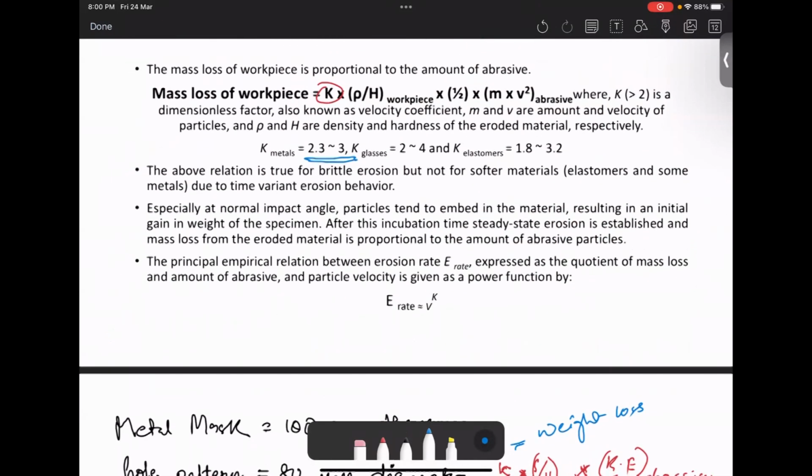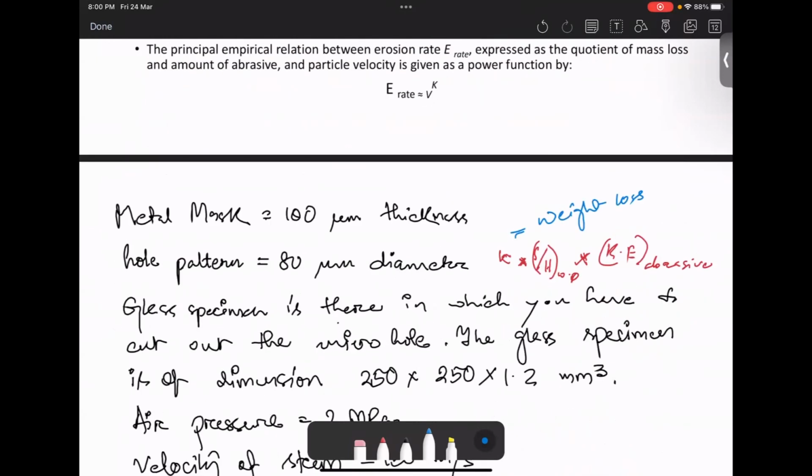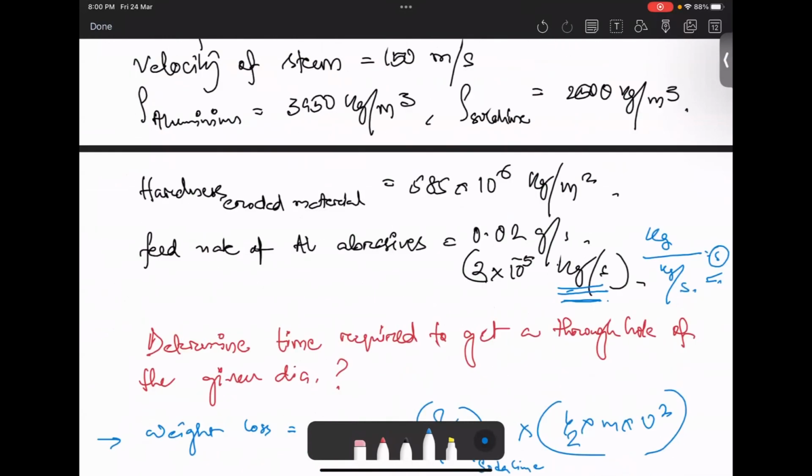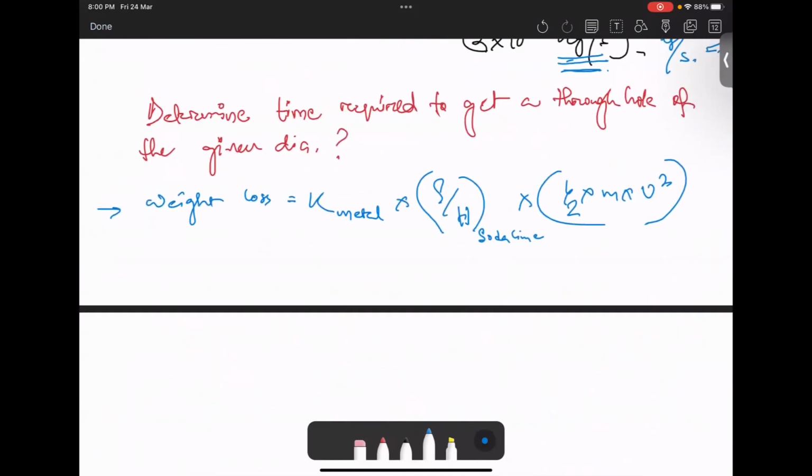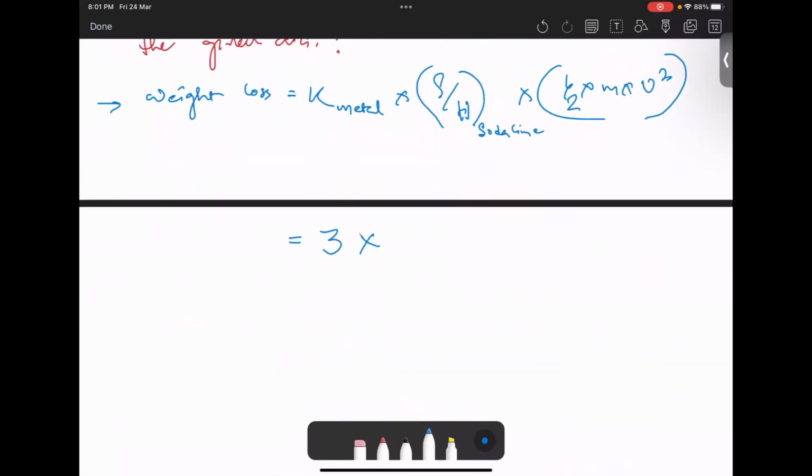So assuming K is 3, we get the weight loss as 3 for velocity coefficient K, and the density to hardness ratio for soda lime.